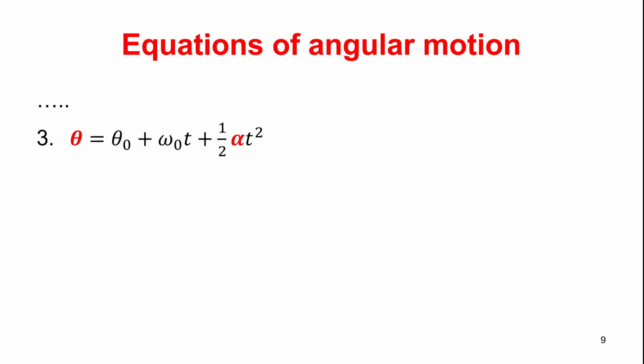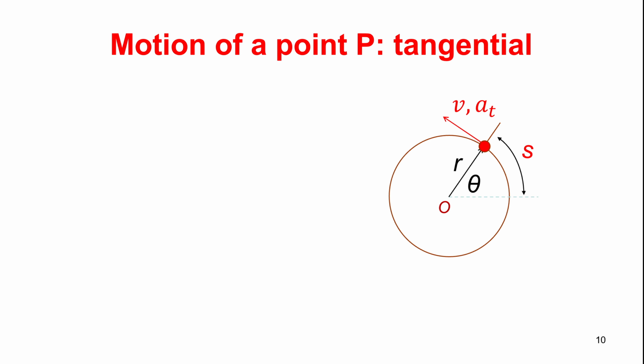Theta, angular displacement, is going to be equal to initial displacement plus the initial angular velocity multiplied by the current time plus 1/2 angular acceleration times time squared. So the fourth equation that we didn't mention is the relationship between the rotation and the linear displacement. We did talk about the arc length equation. Arc length, or the path a particle takes from one point to another point, is equal to the radius multiplied by the angular displacement.